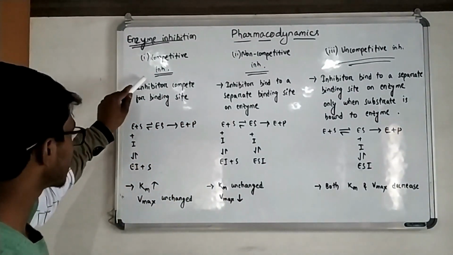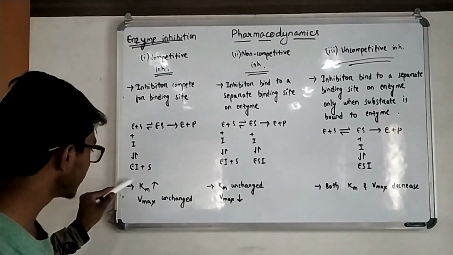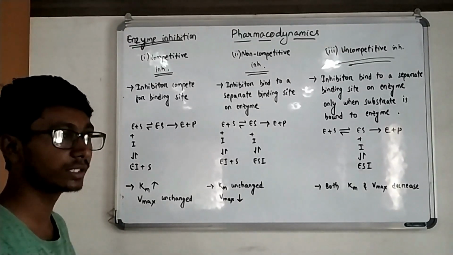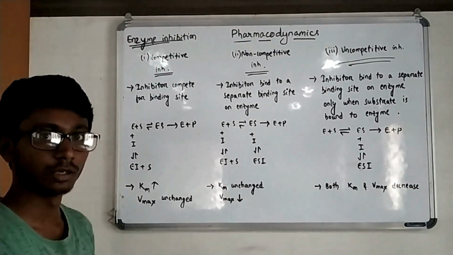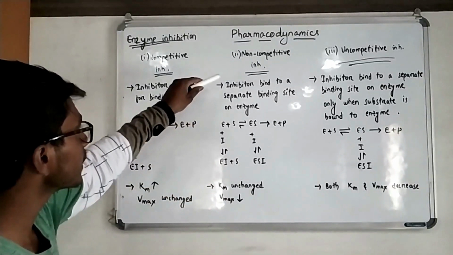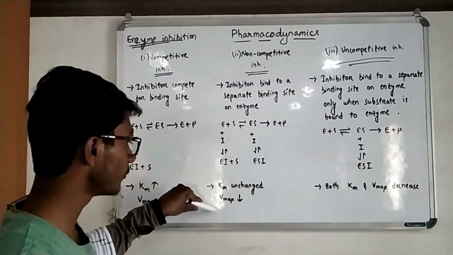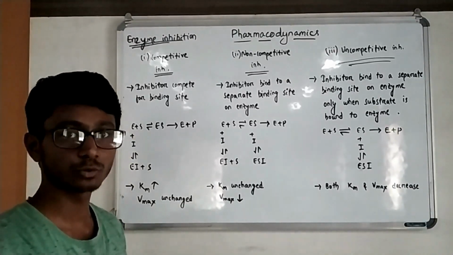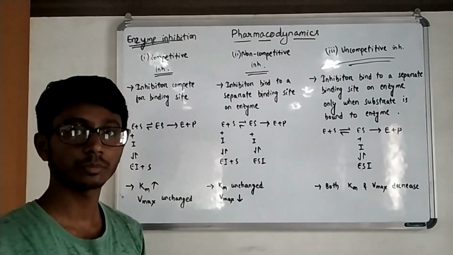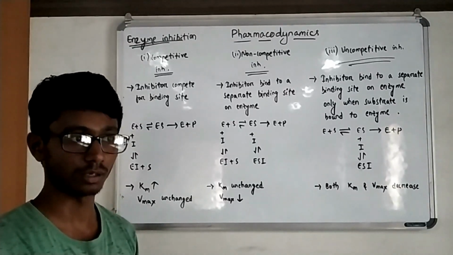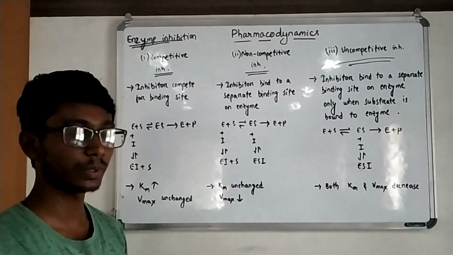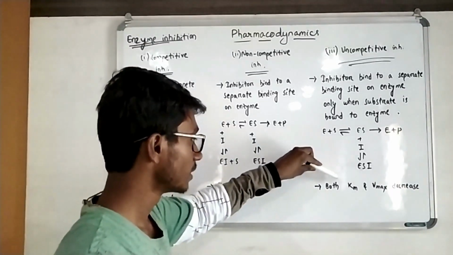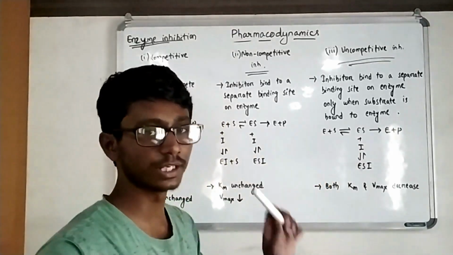In competitive inhibition, our Km will increase and Vmax will remain unchanged, because we need to give much substrate to achieve the reaction. In non-competitive inhibition, Km is unchanged and Vmax decreases, because here binding is to our allosteric site and even much substrate will not sweep away the inhibitor bound to our allosteric site. And in the last, the Km and Vmax both will decrease.